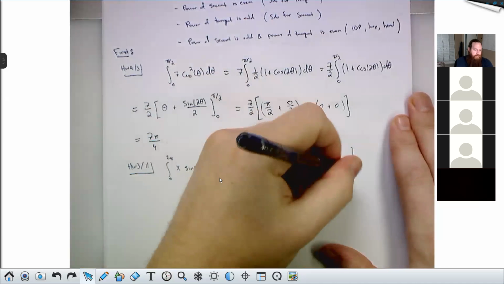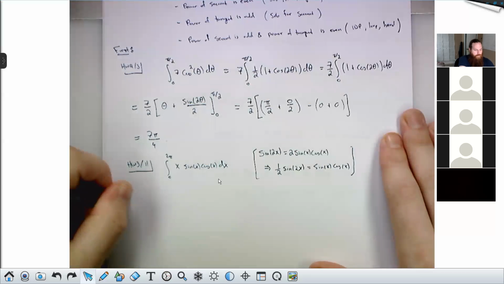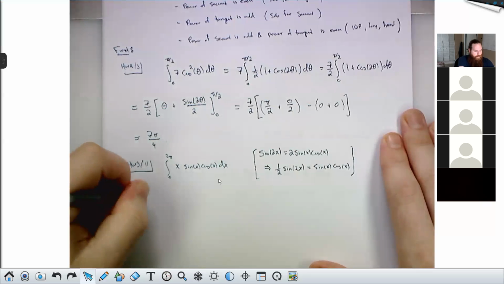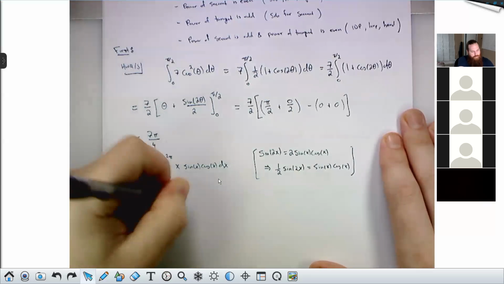So that's where I'd get started on this, with this identity, to rewrite this piece as 1/2 sine 2x. So I'll get 1/2 integral 0 to 2 pi x times the sine of 2x dx.